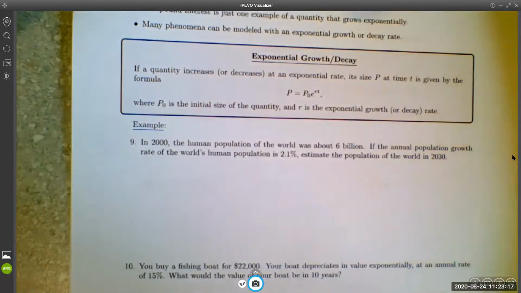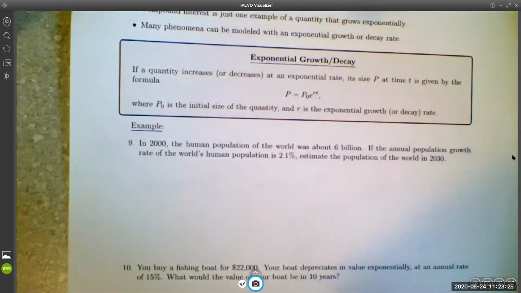In 2000, the human population of the world was about 6 billion. If the annual population growth rate of the world's human population is 2.1%, estimate the population of the world in 2030. Populations tend to grow exponentially, although they grow exponentially until they reach a certain limit, at which point their environment can no longer sustain them, and so then they start to plummet again.